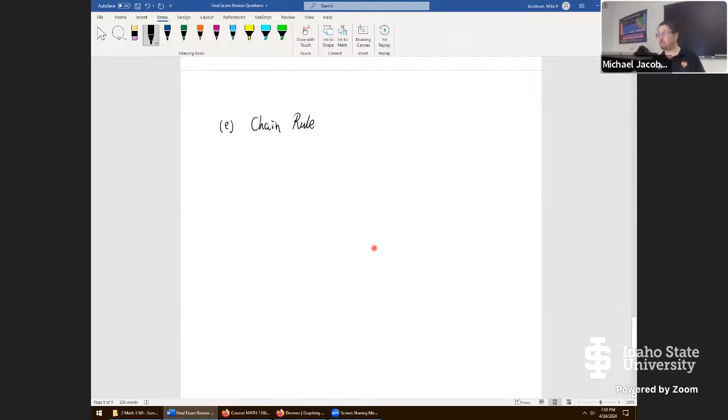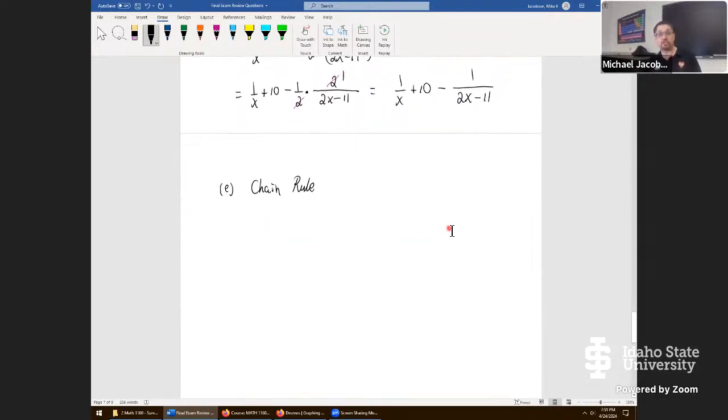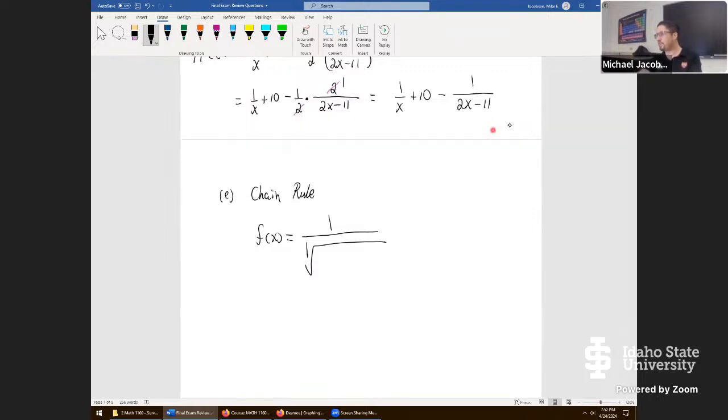So let's do one good chain rule. Everything that we did chain rule wise was just a sub feature of the problem. It wasn't the main thing. So for a problem where the chain rule is the main element, it could be something like this. F of x equals 1 over the 11th root, which just seems pretty arbitrary, but you can define an 11th root.